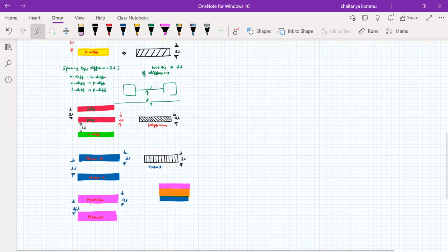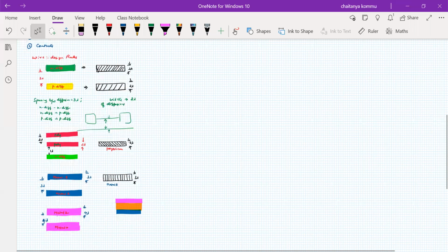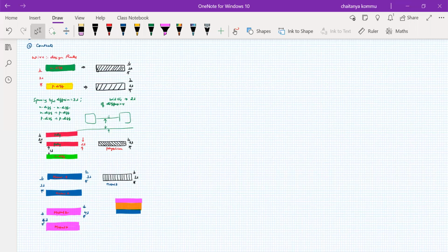Okay. So therefore, let us talk about the widths. Except metal 1 and metal 2, N diffusion, P diffusion, and polysilicon have a minimum width of 2 lambda.